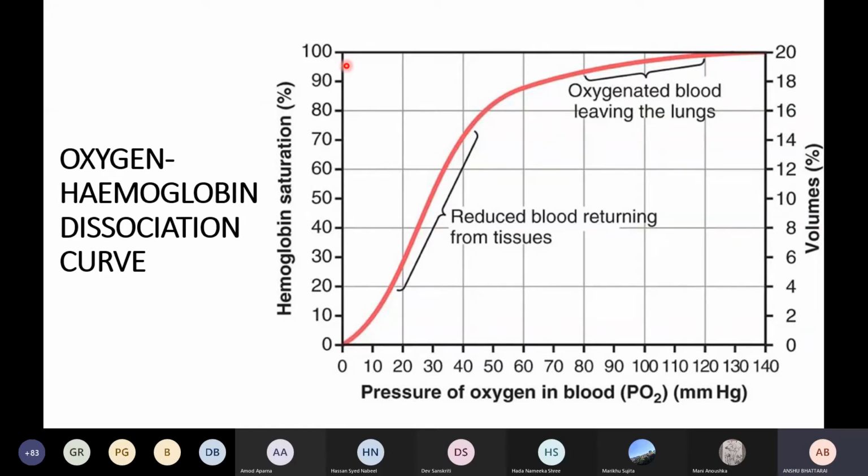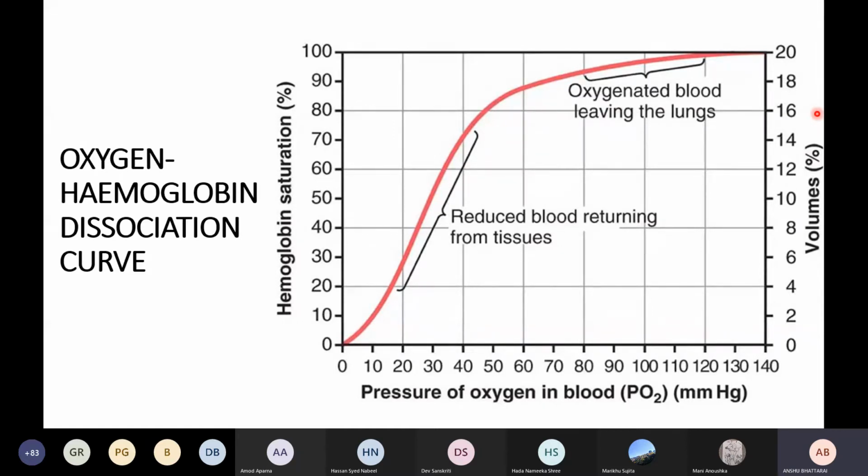And when this blood was distributed throughout the body, and different tissues take up oxygen, resulting in reduction in the partial pressure of oxygen to about 40 millimeter of mercury, then there is 15 milliliter of oxygen available per 100 milliliter of blood. So from this, 20 minus 15, you can deduce that about 5 milliliter of oxygen is taken up by the tissues.